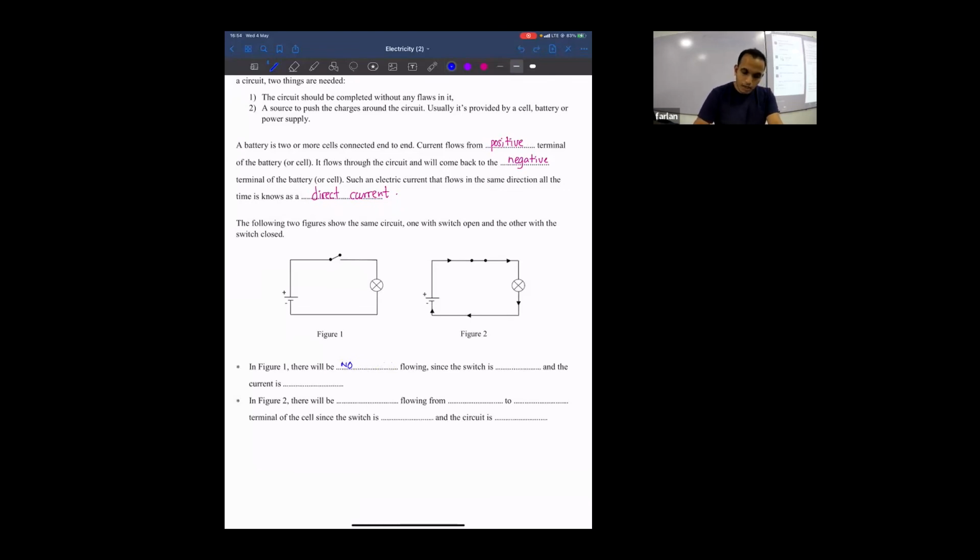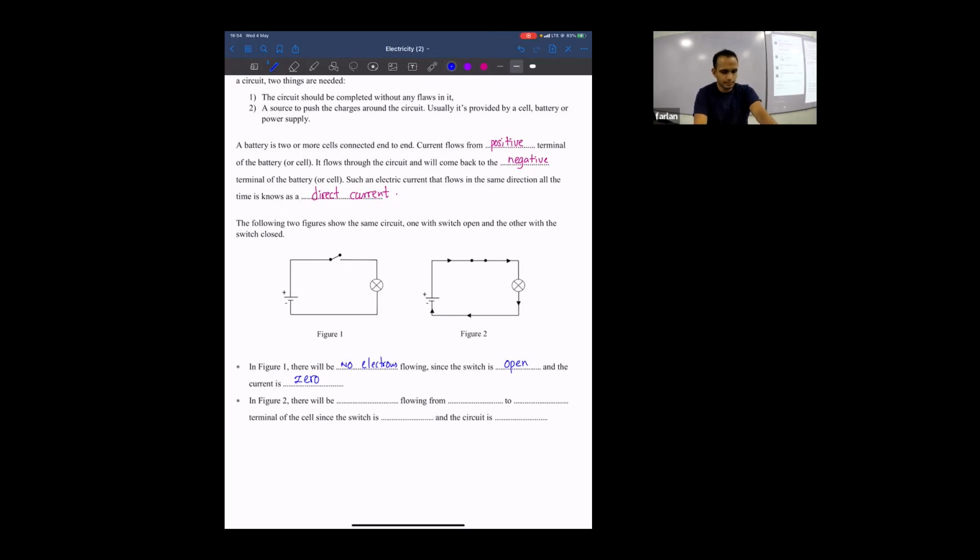There will be no electrons flowing. In figure 1, there will be no electrons flowing since the switch is open and the current is 0.